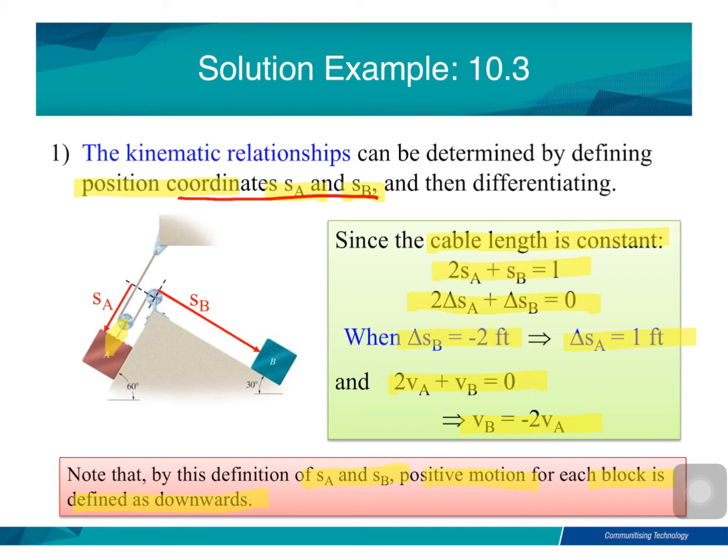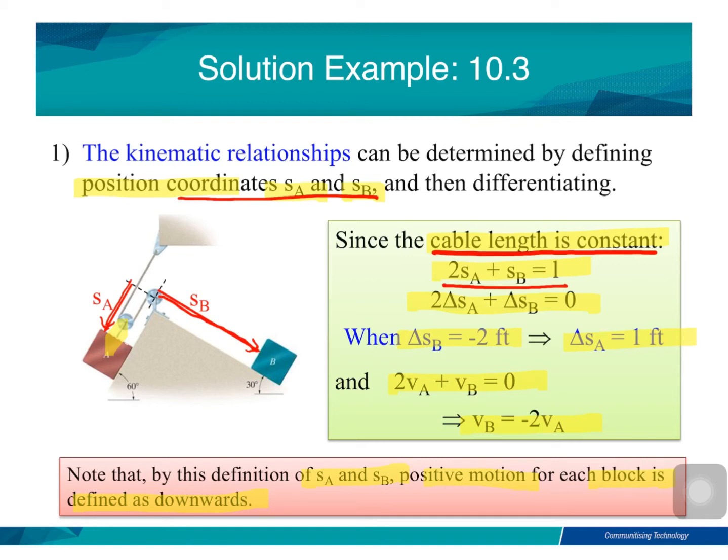You can call this SA, and here is the SB. So what is the relationship between SA and SB? Since the cable length is constant, you can assume that 2 SA plus SB is equal to the length of the cable, l.